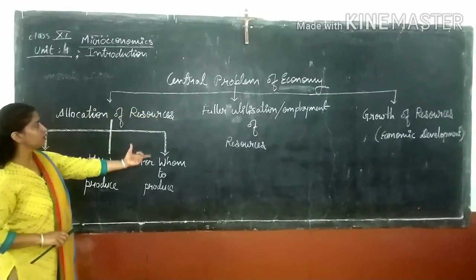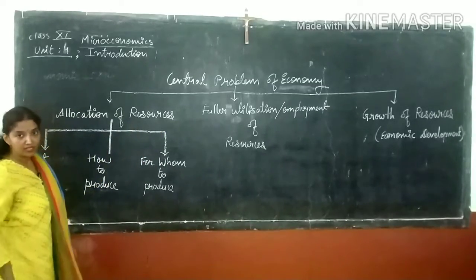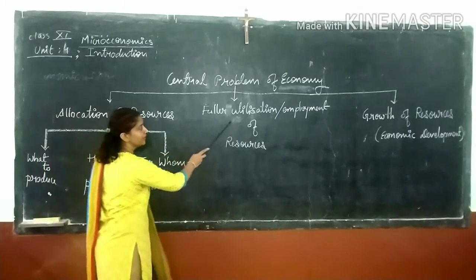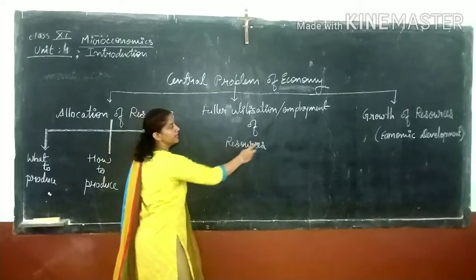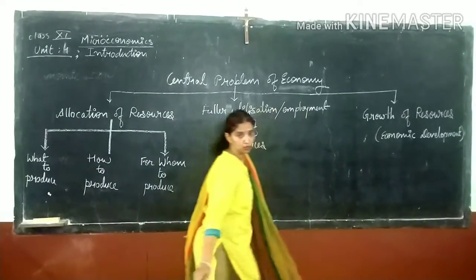I am showing all these problems with the help of this flow chart. Central problems are divided into three types. First one is allocation of resources, second one is fuller utilization or fuller employment of resources, and third one is growth of resources.